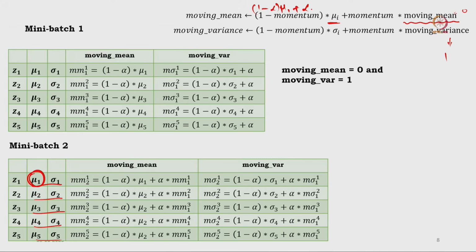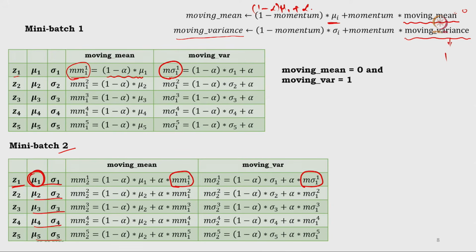What do you mean by this? You are calculating for Z1. For Z1 in the second batch, use the first batch moving mean. Whatever result you have obtained is stored in one variable, and that variable will be the moving mean. For the moving variance, this portion earlier was 1, but now you are doing it for the second mini batch, so you will be using this.